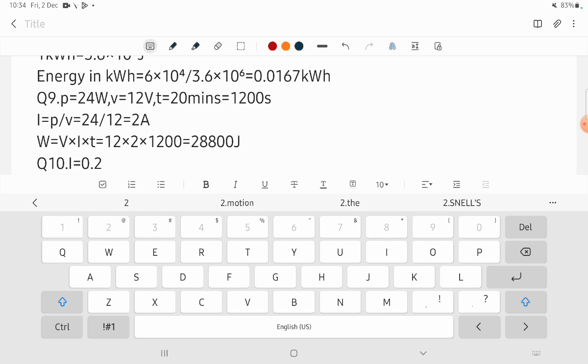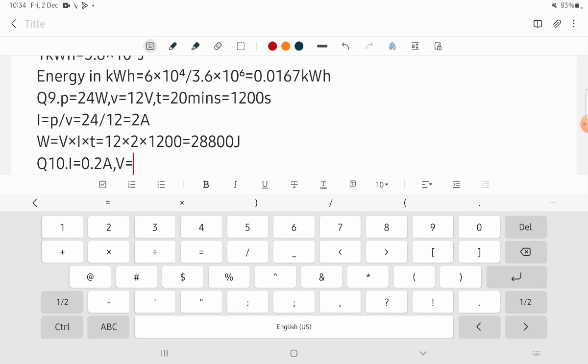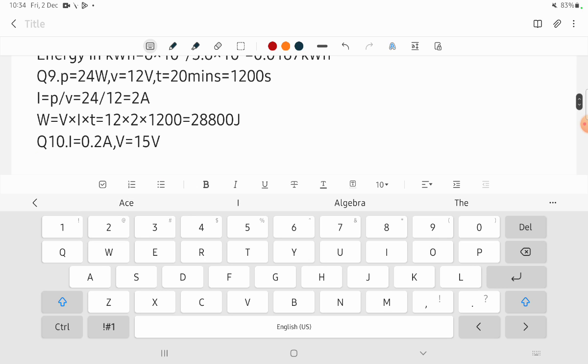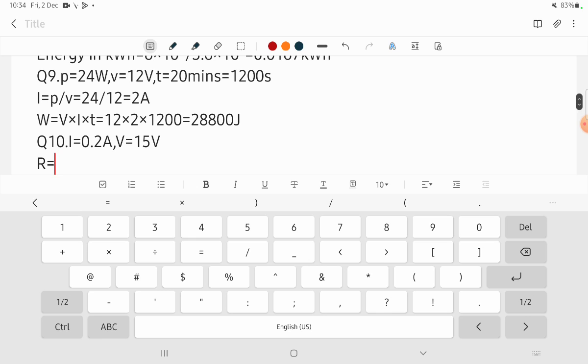So write down I is equal to 0.2 ampere. Next, V equals 15 volt. So resistance will be R is equal to V by I, because V equals IR.